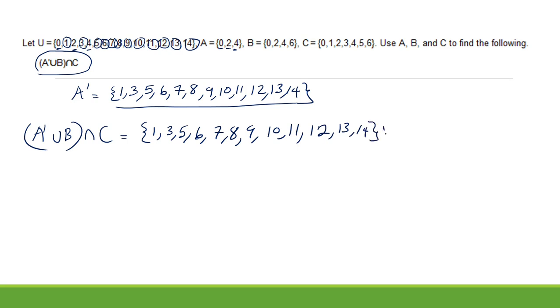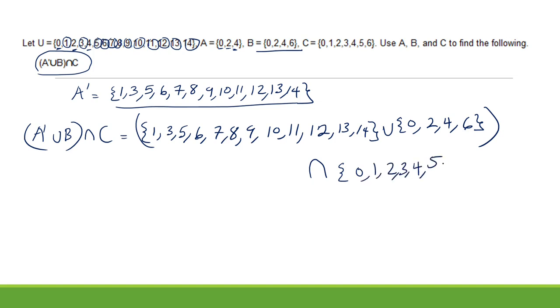We'll union that with B, which is 0, 2, 4, 6. And we'll put parentheses around that because we have to do that first. And then finally, we'll intersect that with C. And C is 0, 1, 2, 3, 4, 5, 6.